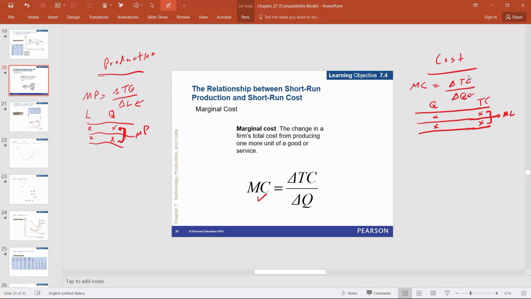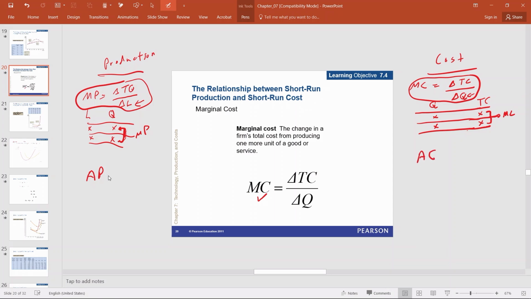The meaning of this equation is taking difference, and also the meaning of this equation is taking difference, because you are looking at the relationship of changes in levels between the two variables Q and L in production, and total cost and total production on the cost side.